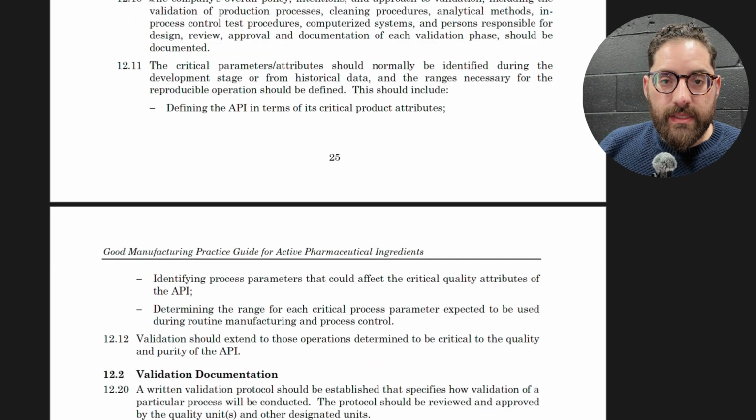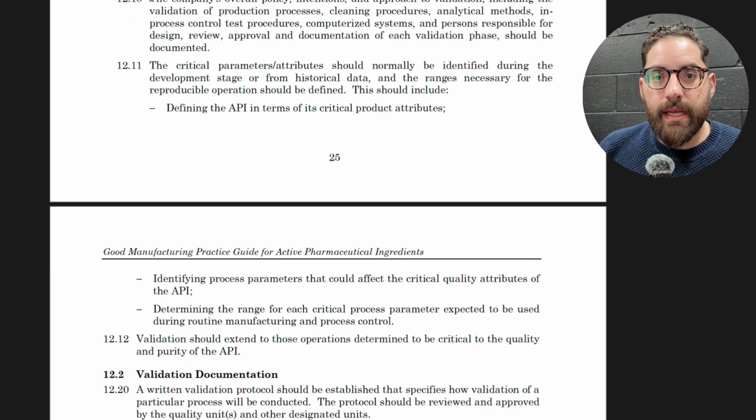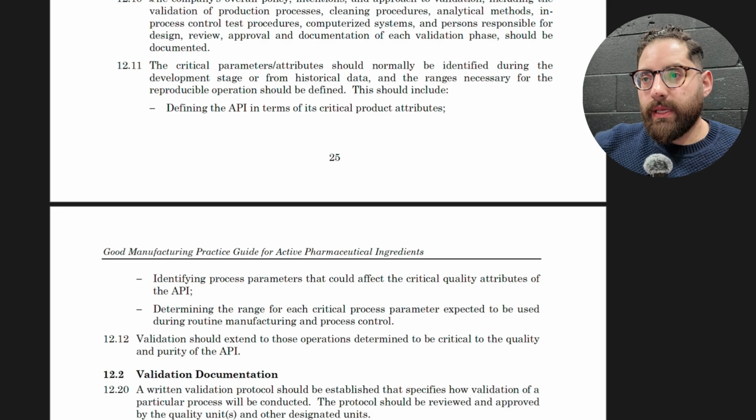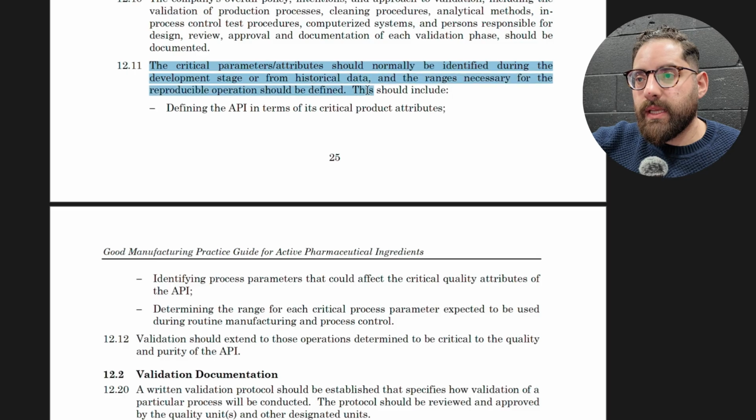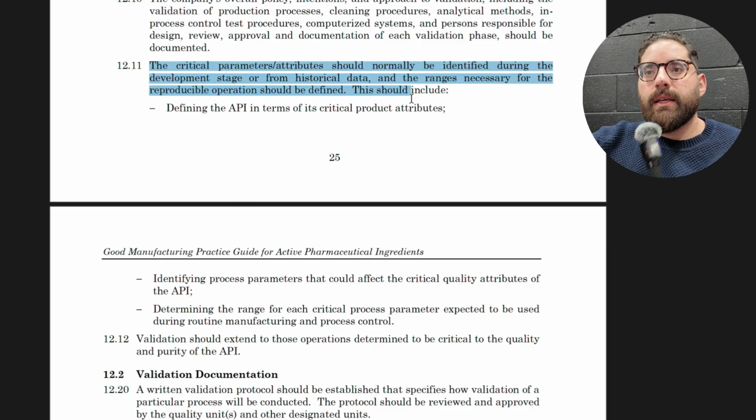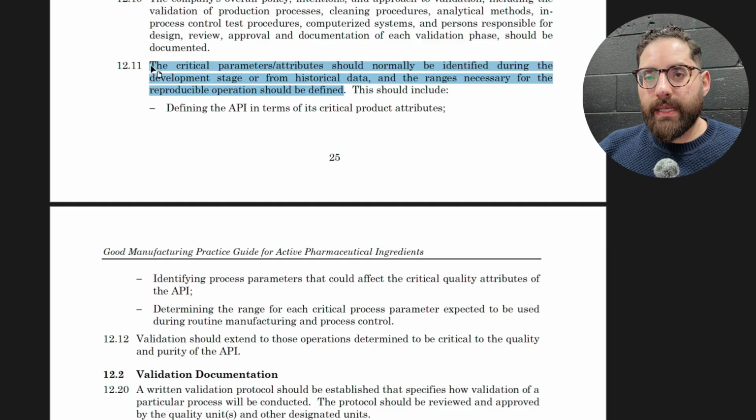Your validation focuses on your critical parameters and attributes, not necessarily everything that's in the process. So the critical parameters and attributes should normally be identified during the development stage or from historical data, and the ranges necessary for the reproducible operations should be defined. A quick aside here, when ICH Q7 first came out, there was no guideline on the development of APIs.